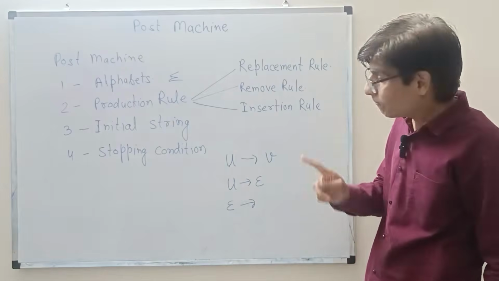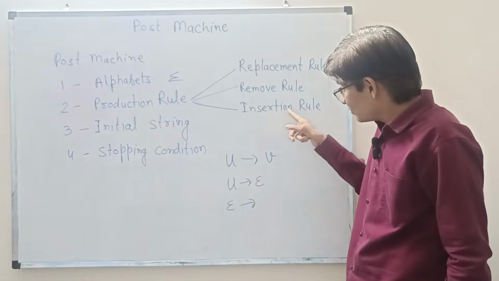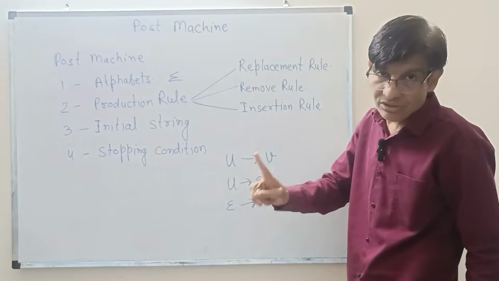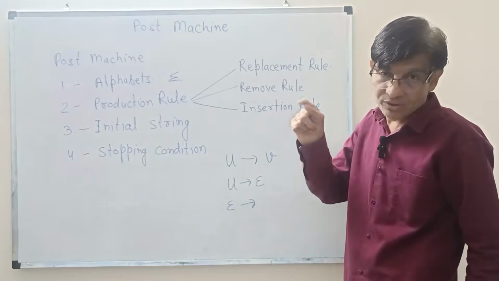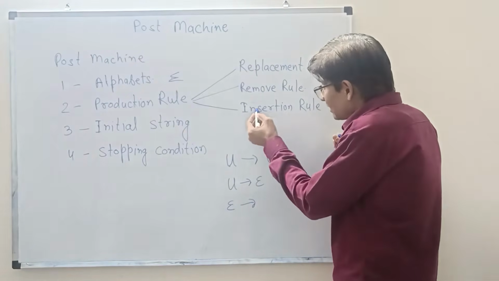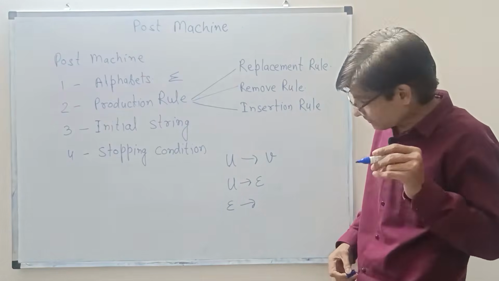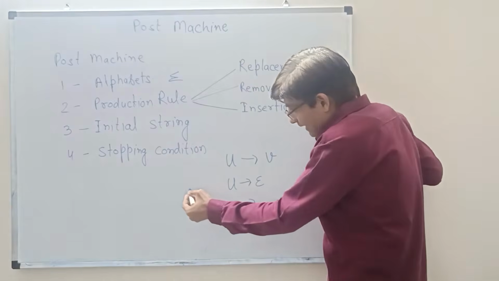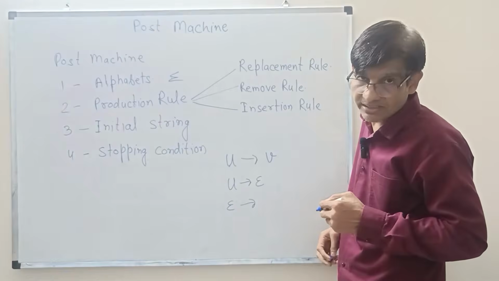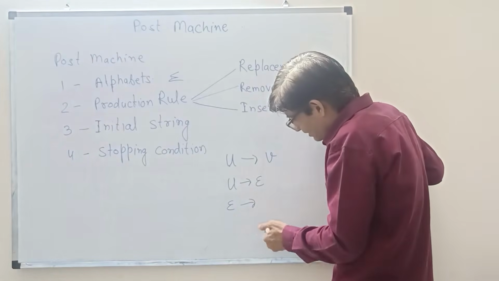But in case of post machine, if you are using insertion rule, then you can have epsilon in the left hand side of any production. And this rule can be applied anywhere within the string because epsilon exists between every pair of alphabets.